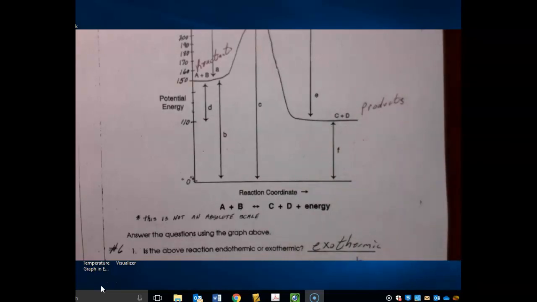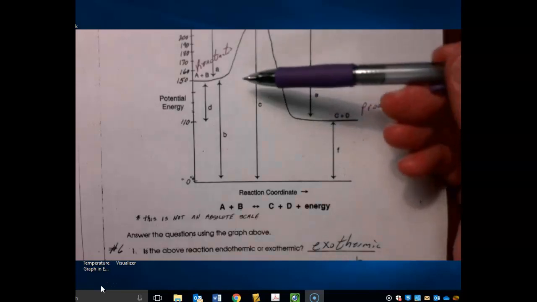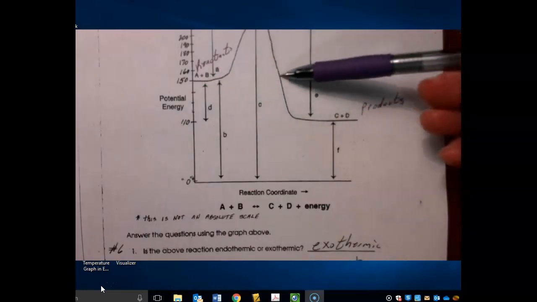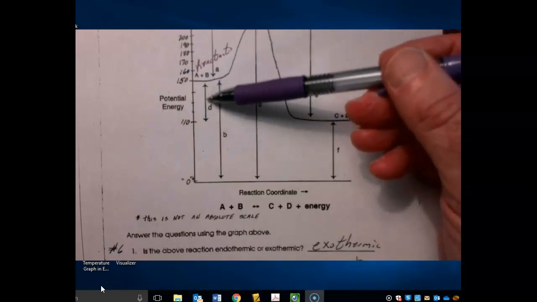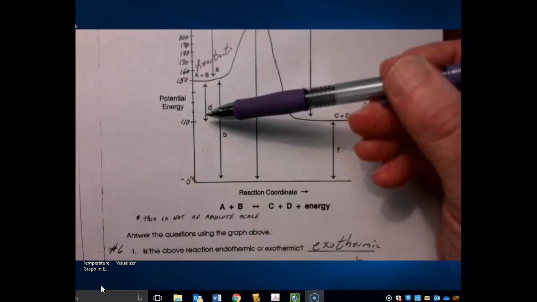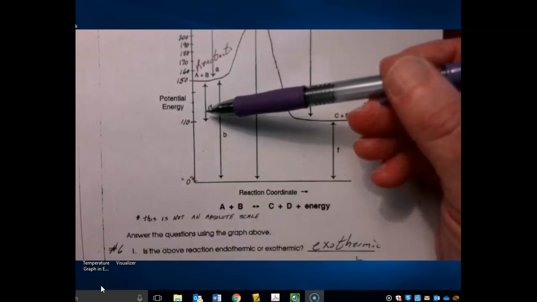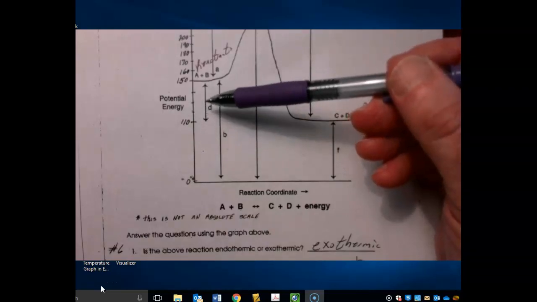Then question number 9 on your quiz was: what letter represents the heat of reaction, delta H? The heat of reaction would be the difference between the energy of the reactants and the energy of the products, and that would be D. Right here would be the heat of reaction. And then it asks what the value of that would be.